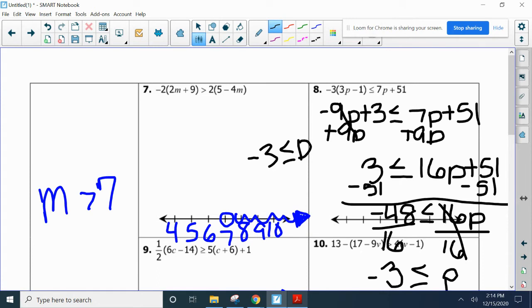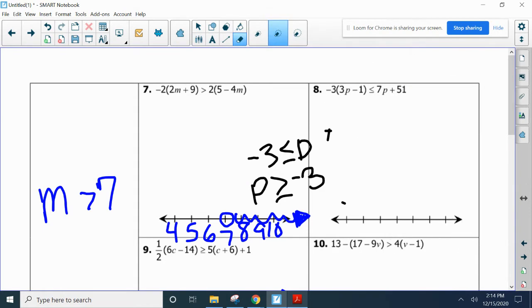And then if you wanted to make sure your variable is first, you could flip it and say p is greater than or equal to negative 3. So that when I graph it, we have negative 3, negative 4, negative 5, negative 2, negative 1, 0.